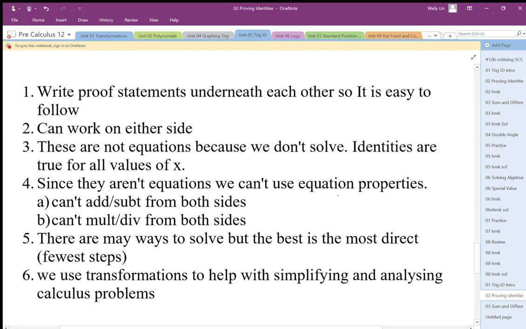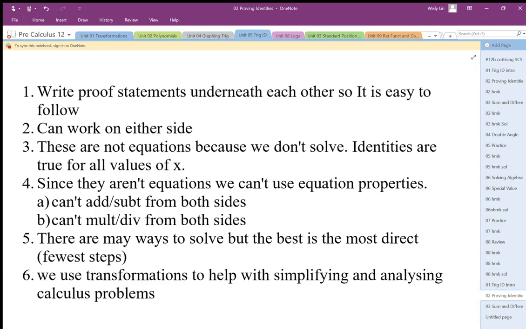Okay, so we can't say plus x on this side and plus x on this side. We can't treat it like that because the logic behind it is you're trying to prove that they're equal. So we can't use these properties of equality to prove that something is equal. That's not logically a very good way to prove something.